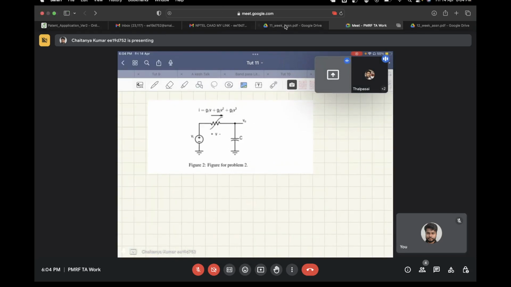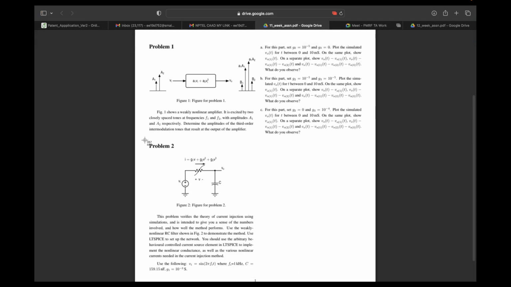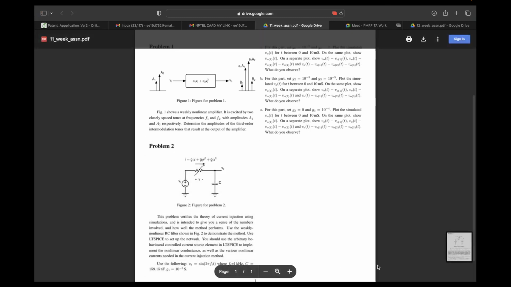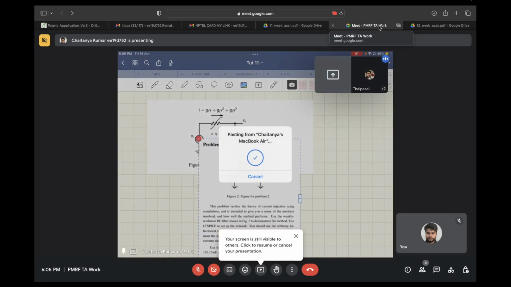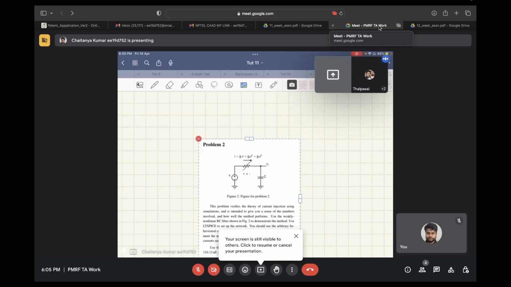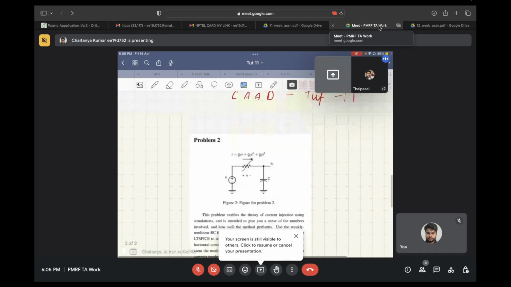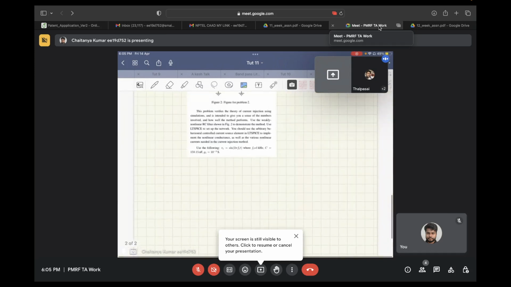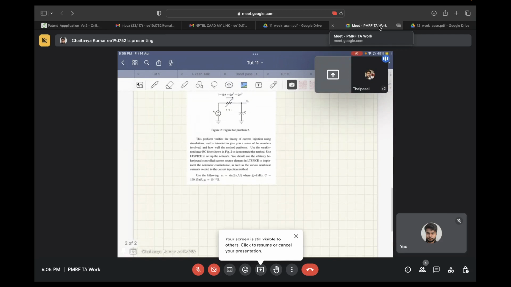So this is what is given to you. V01 you have to find in the following way.